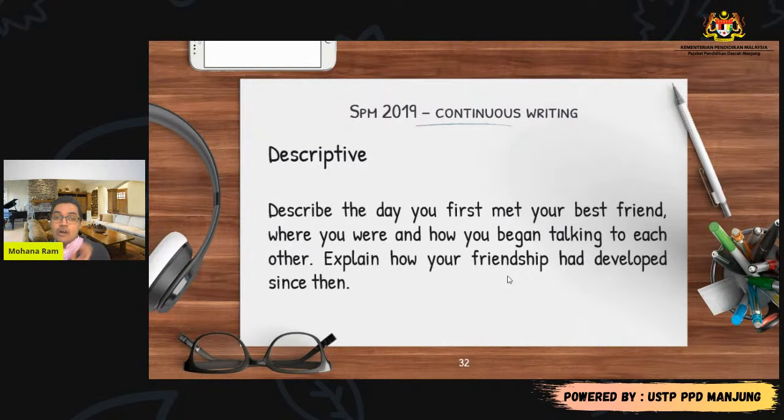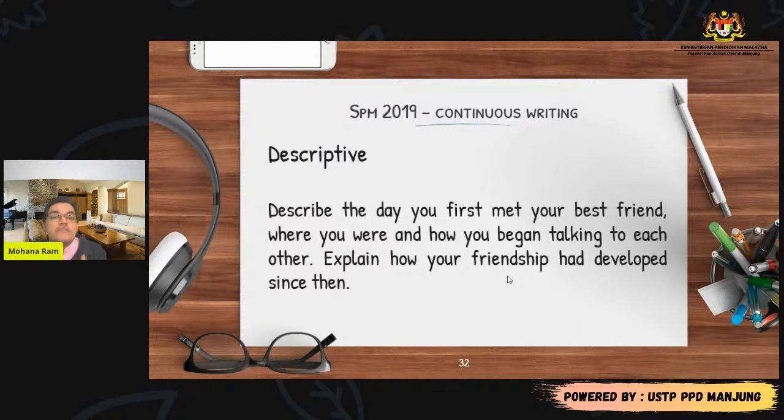Describe. This is not a story. Of course, there is a story in this descriptive essay, but first you have to describe the day. What day was it? What happened on the day, where you went, where you met. You have to describe the scene, who you met, when you saw your friend, what came to your mind, and how you started your conversation.